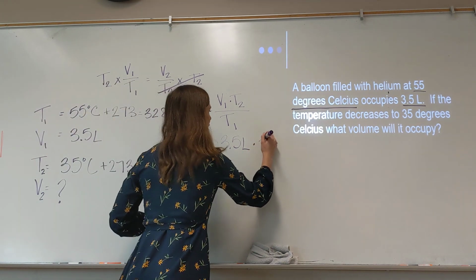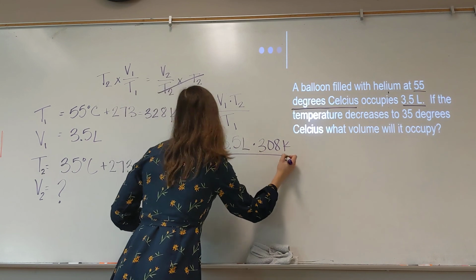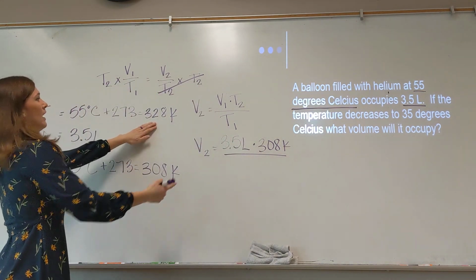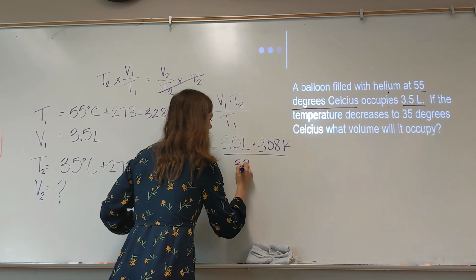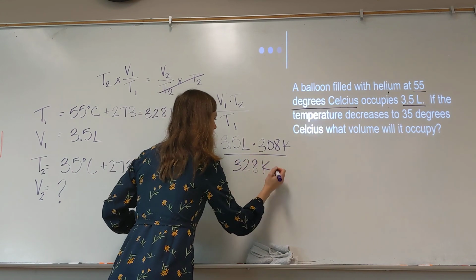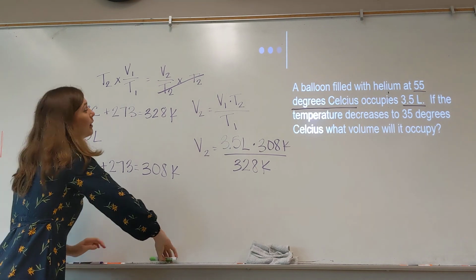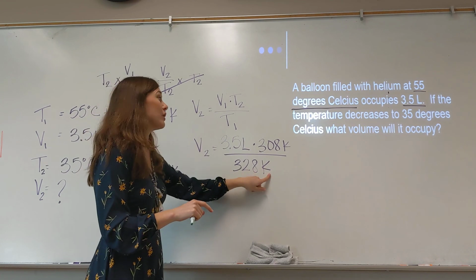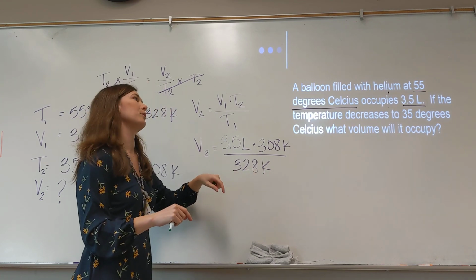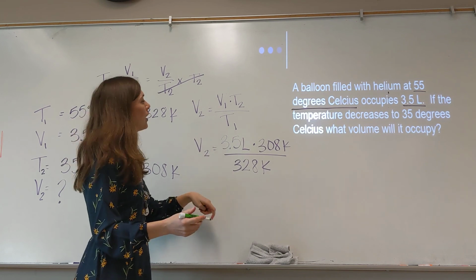Alright, so I have 308 Kelvin divided by, and my T1 is 328 Kelvin. Before I move on, I'm going to make sure that my units cancel, and I'll be left with a unit that works for the variable that I'm solving for.